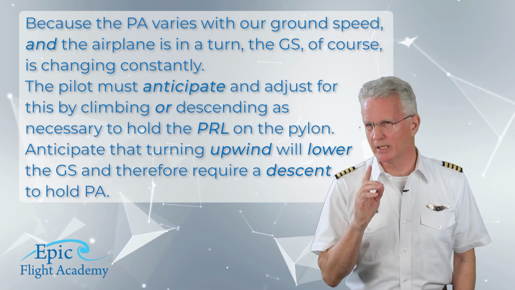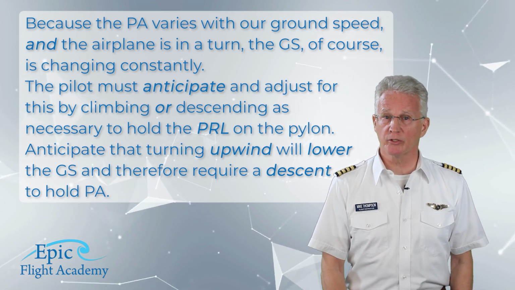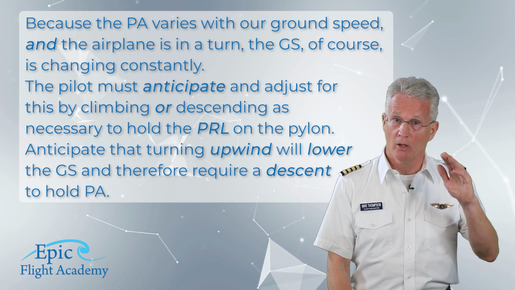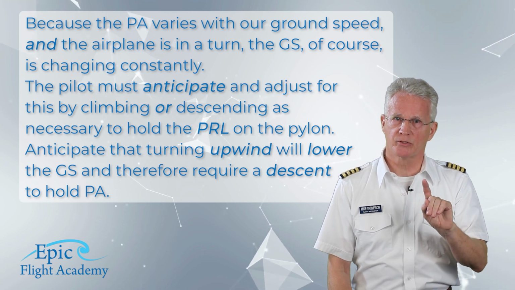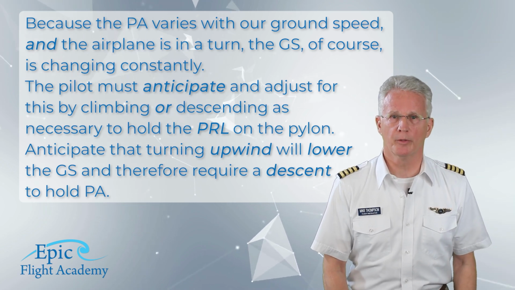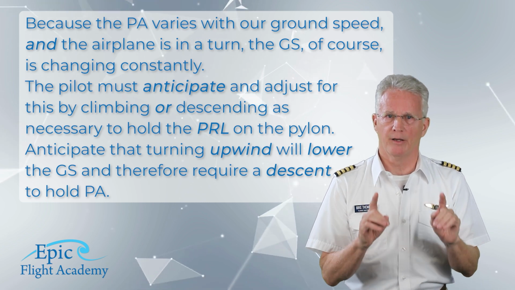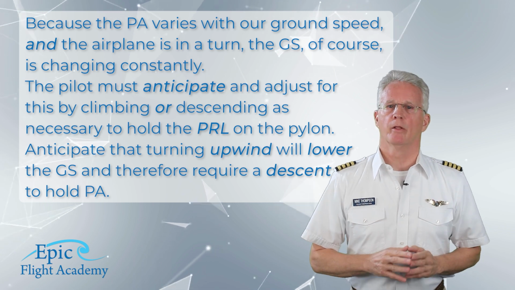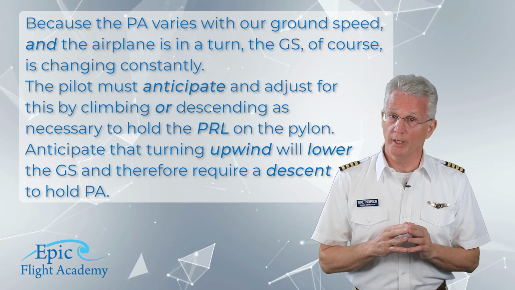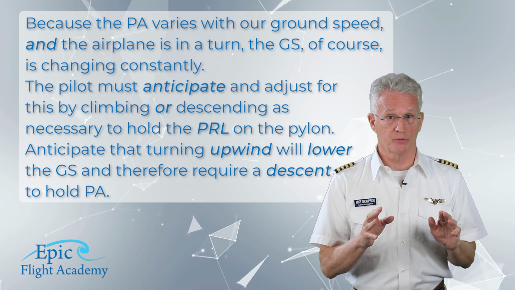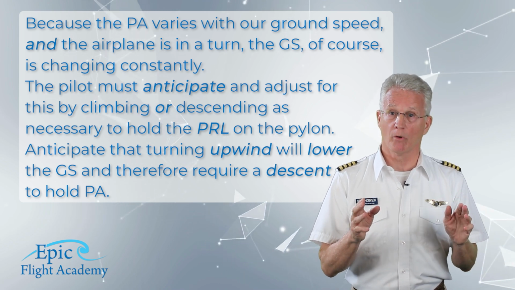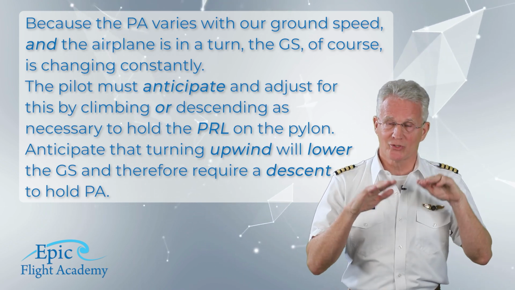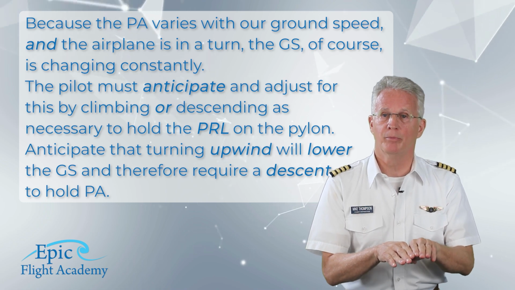The pilot must anticipate and adjust for this by climbing or descending as necessary to hold the PRL on the pylon. Anticipate that turning upwind will lower the ground speed and therefore require a descent to hold pivotal altitude.